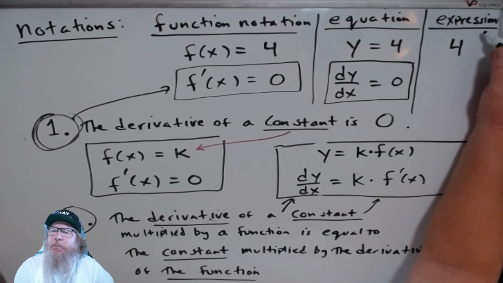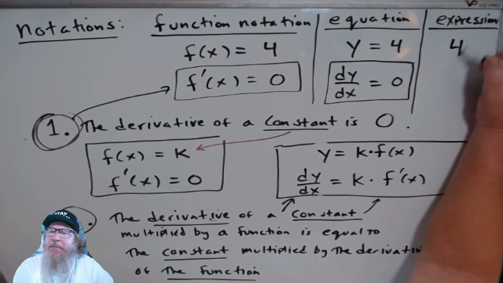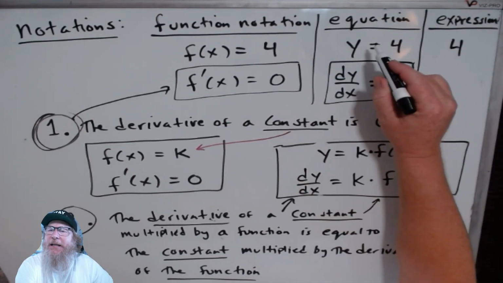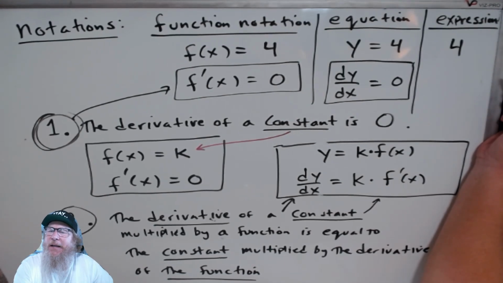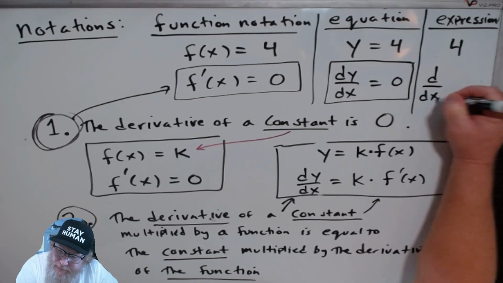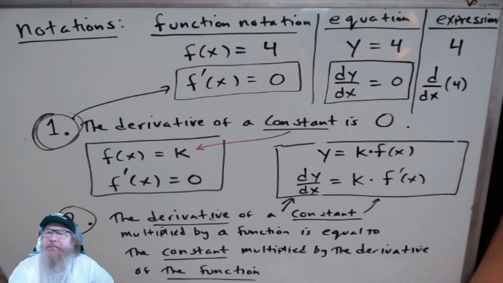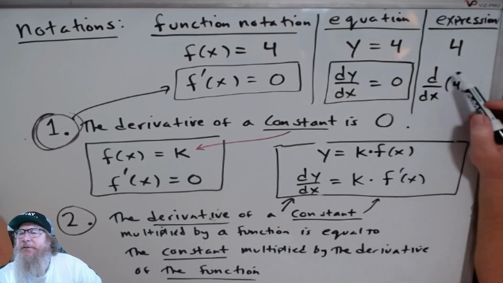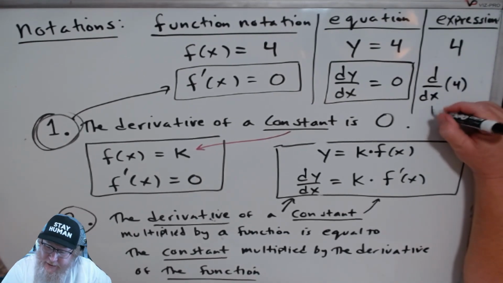So this is expression notation. I'm not writing it as a function. I'm not writing it as an equation. And I'm going to do what's called operator notation. So this is operator notation or expression notation.